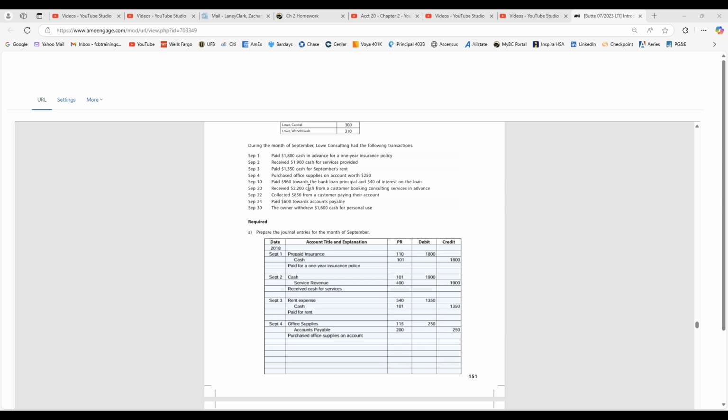Okay, September 10th. Here's a little fun journal entry. It's going to have more than 2 accounts that are affected. On September 10th, we paid $960 towards a bank loan and $40 of interest.